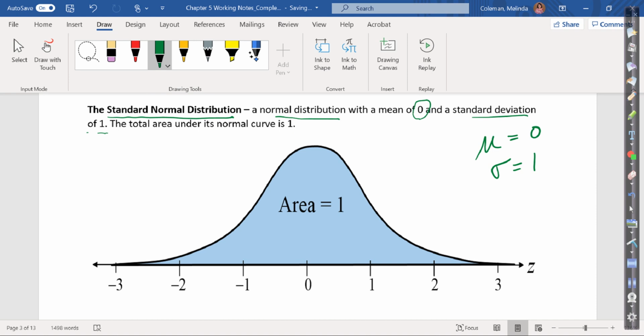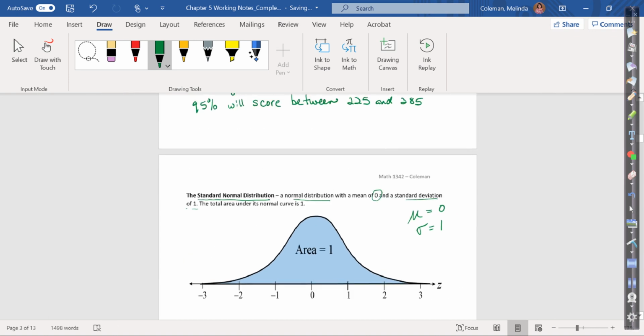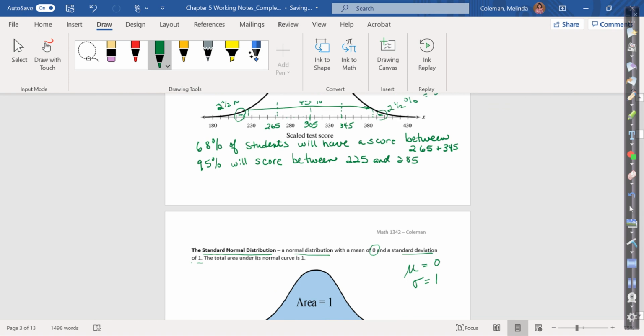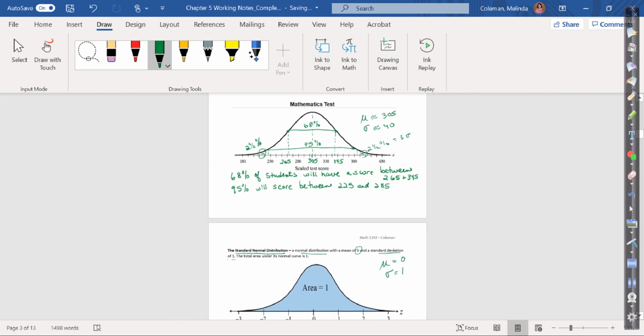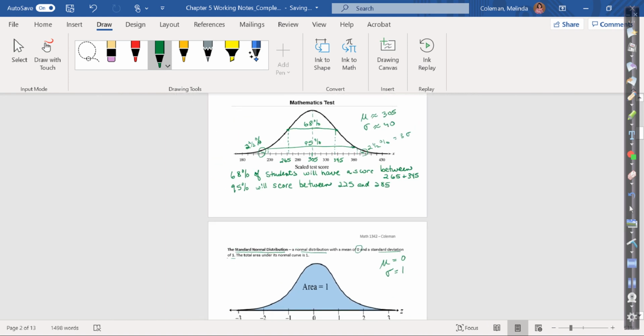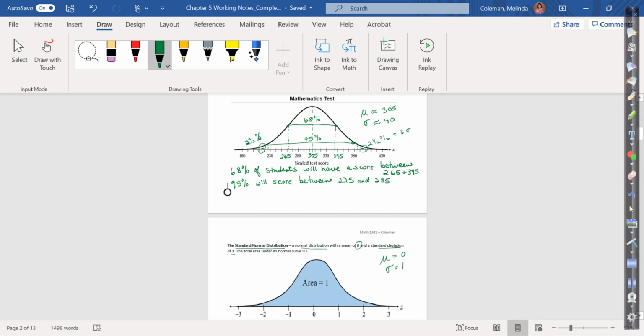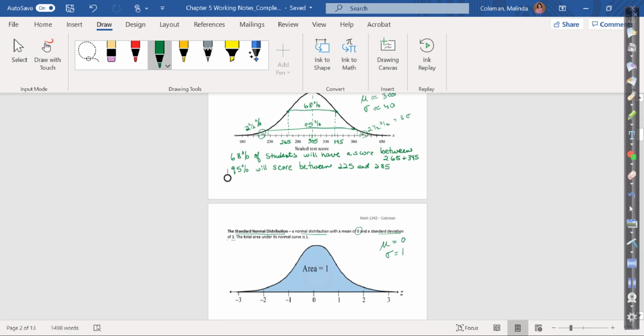So basically, what we're doing is we're going to take any real data and transform it.